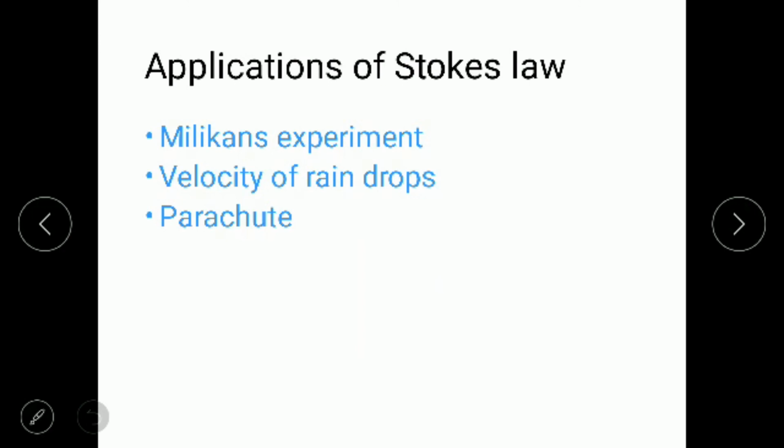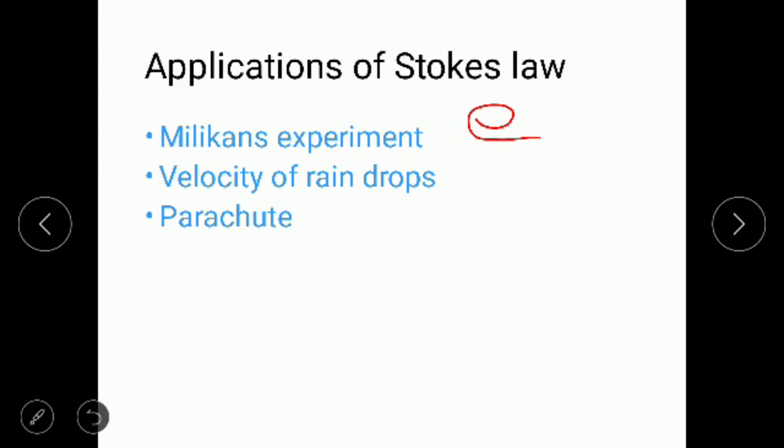Millikan's experiment is an oil drop experiment to find the radii of small oil drops by measuring their terminal velocity. It was actually for determining the electronic charge of an electron. Now, how did he do that?